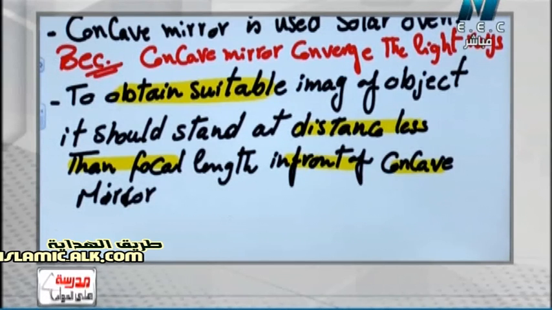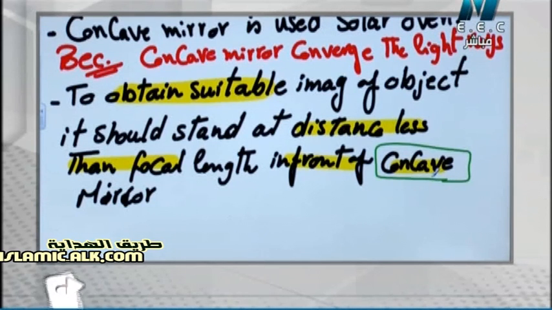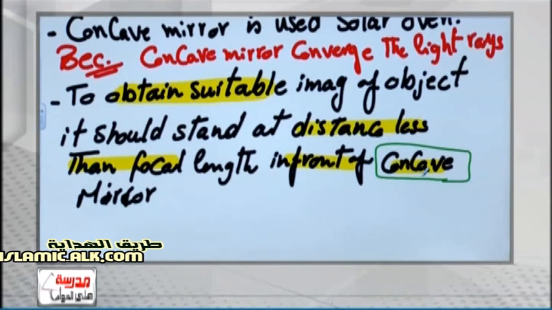The only one case in concave mirror where the image is erect. In all the other cases in concave mirror the image is inverted, upside down. Only one case the image is erect, upright.